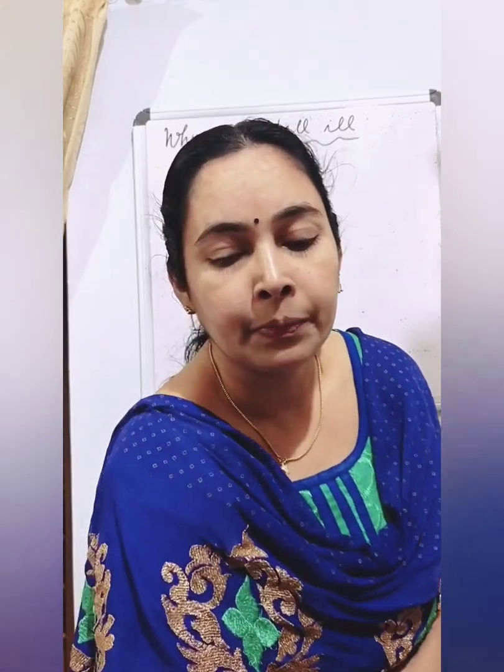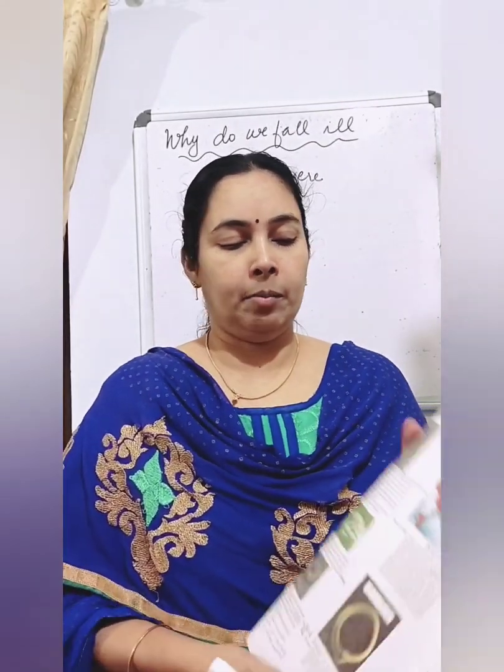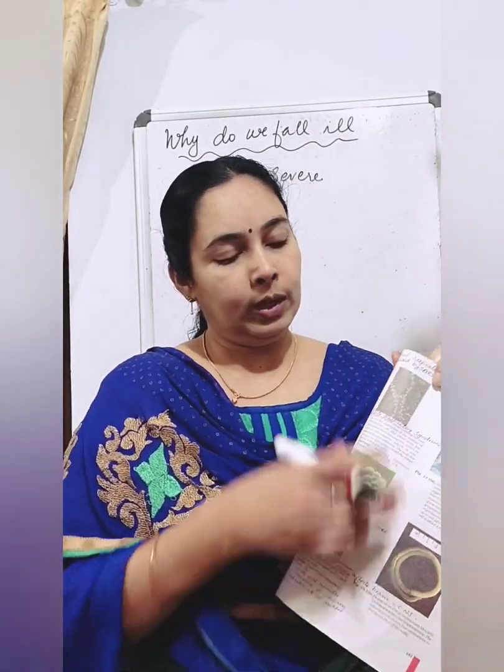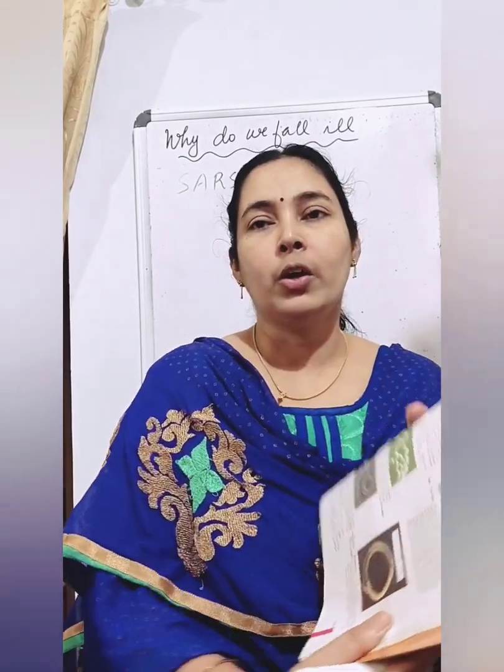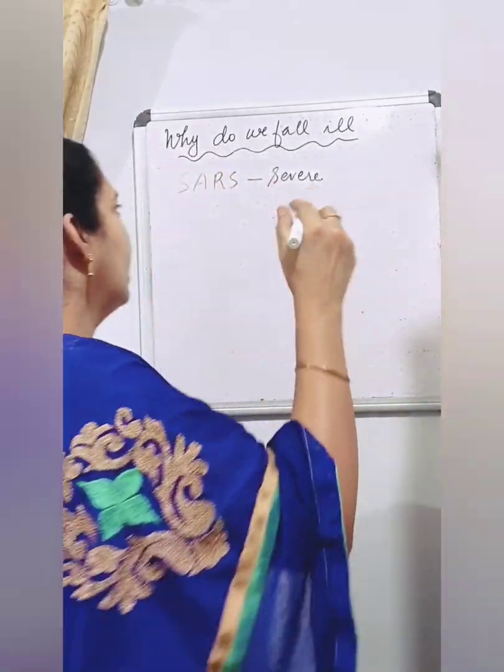And in your textbook, on page number 81, you can see the pictures of so many microorganisms. And first, figure 13.1a, you can see it is the picture of a SARS virus.